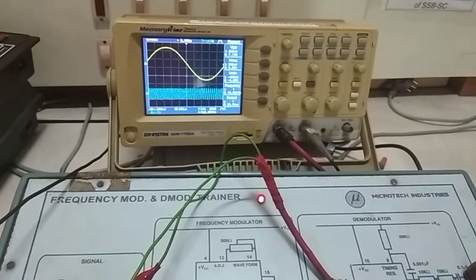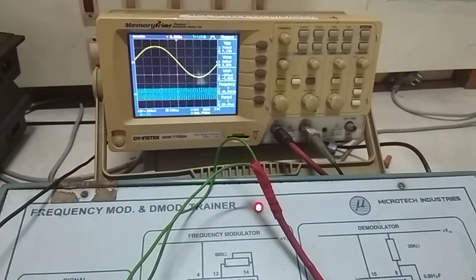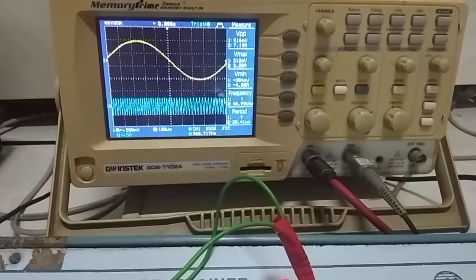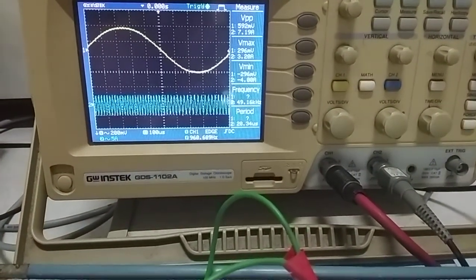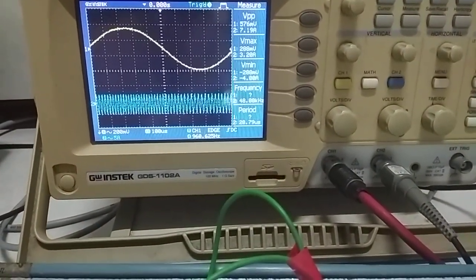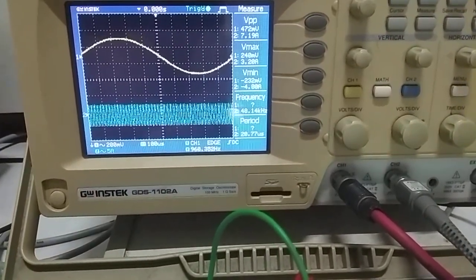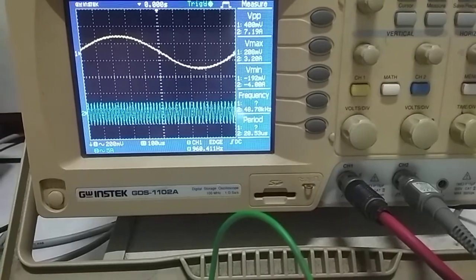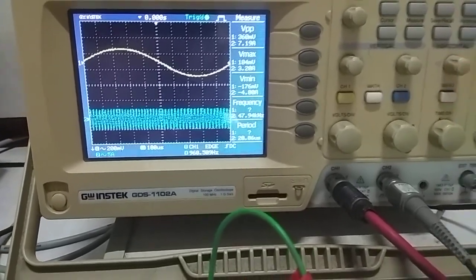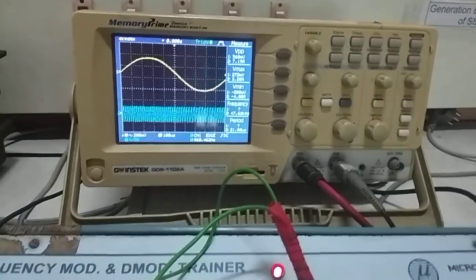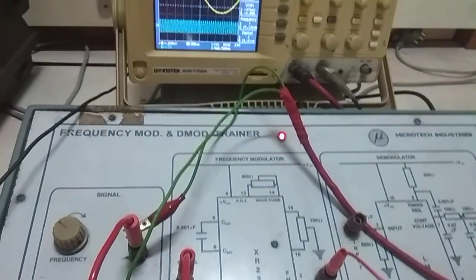If we decrease the amplitude of the baseband signal, look at this, the deviation decreases. That means the higher frequency and the lower frequency, the minimum and maximum frequency, look almost the same, right? So we have to find the optimum value, giving the maximum amplitude.